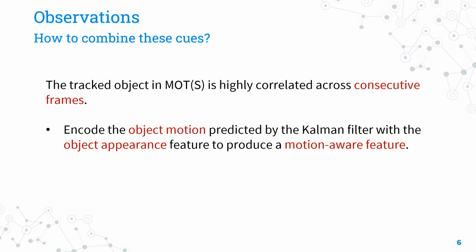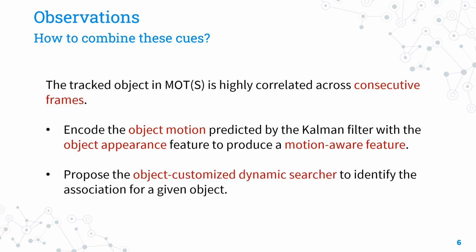Our solution is to encode the object motion predicted by the Kalman filter with the object appearance feature to produce a motion-aware feature. And we propose the object customized dynamic searcher to identify the association for a given object.